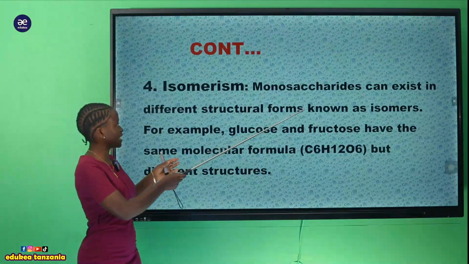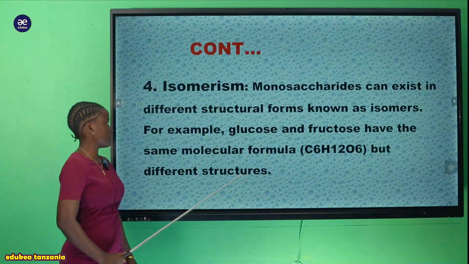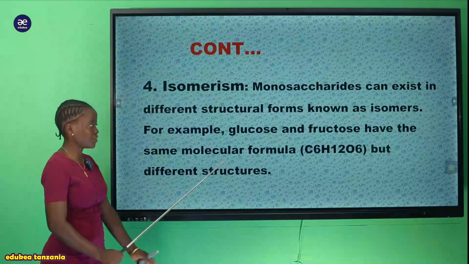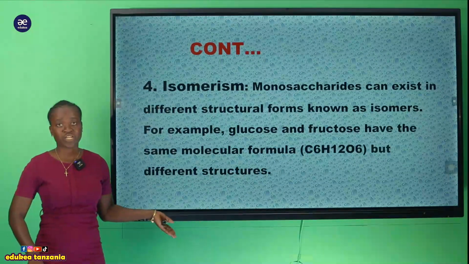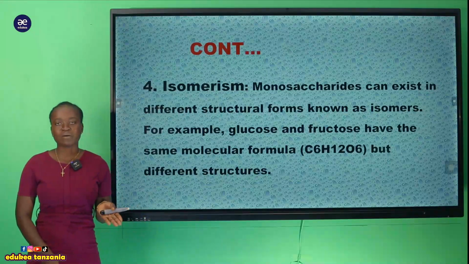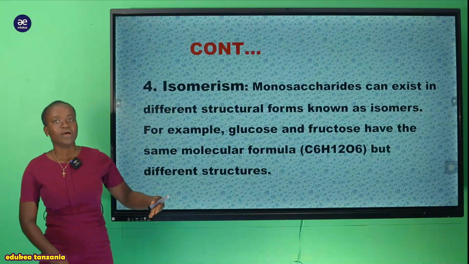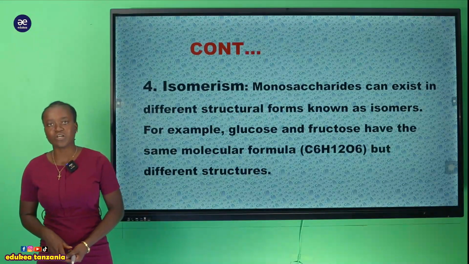For instance, monosaccharides can exist in different structural formulas known as isomers. For instance, glucose and fructose have the same molecular formula, but they have different structural formula. So an isomer is a molecule with the same molecular formula, but different structural formula.